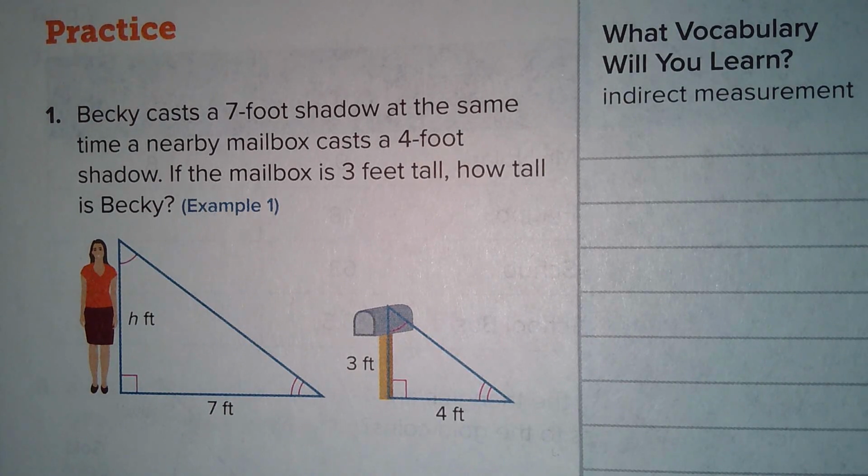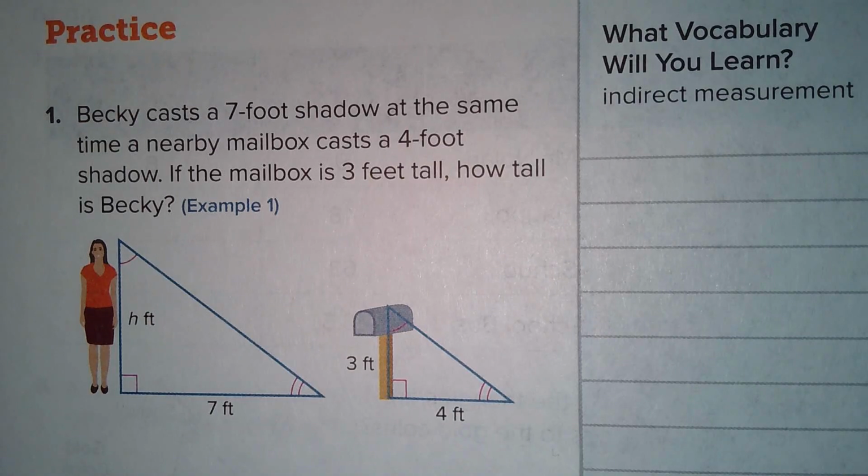And the type that we're actually using in this example is called shadow reckoning, which allows us to write a proportion that compares the shadows of the lengths and heights. So, with all that said, let's put that into action and find out how tall Becky is.